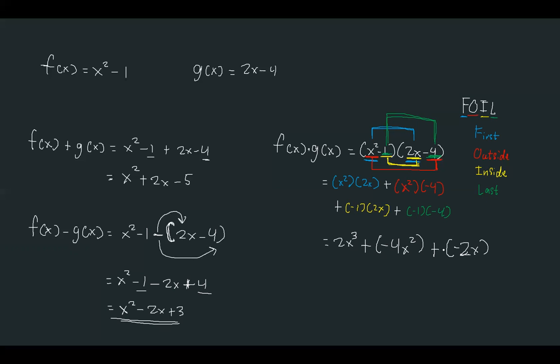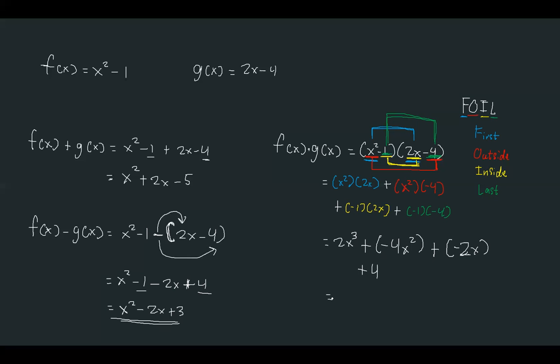All right. Then lastly, negative 1 times negative 4. Since there are two negative numbers and you're going to multiply them together, the result would be positive. So negative 1 times negative 4 is positive 4.